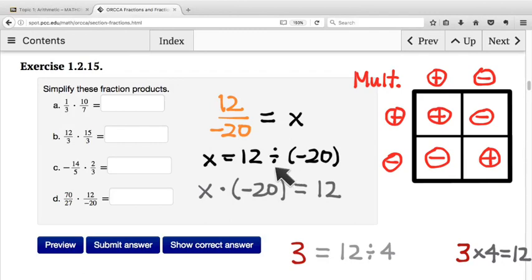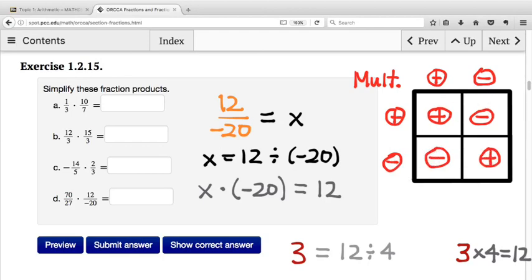So my question to you is, based on the signs of these two factors, one of which is unknown, and the sign of the product, what can we say about the sign of x? Is x positive or is x negative? Negative. How do we know? Yeah, right. So this product on the right-hand side, 12, that's a positive product. So that means either it has to be the product of two positive numbers, or it has to be the product of two negative numbers.